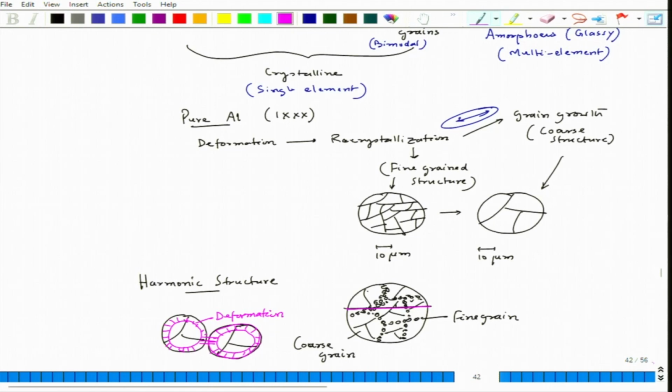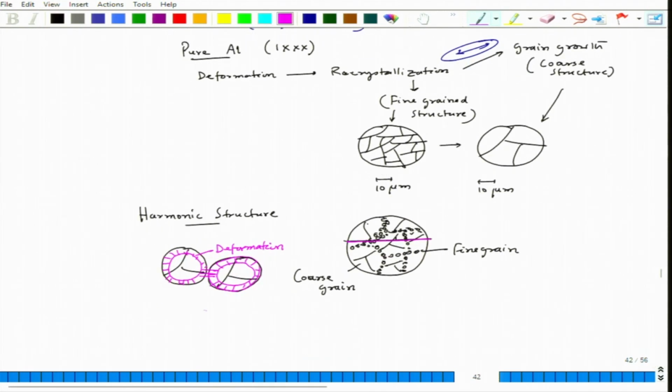Fine. And when they join, you will have a structure like this: the surfaces are getting fine structures, and gradually the grain size will increase from the surface, and the inner part will have its own grain.